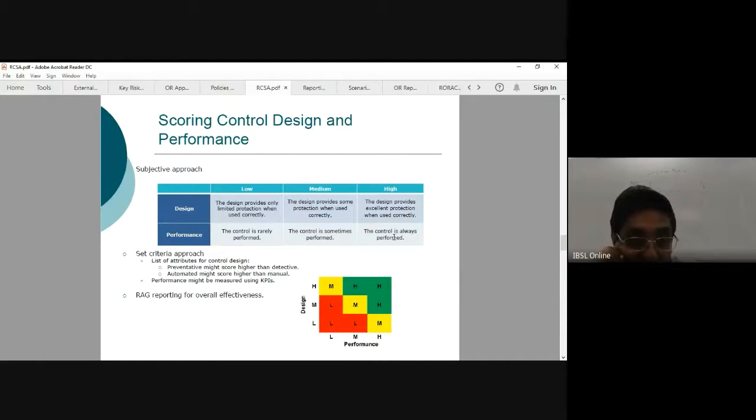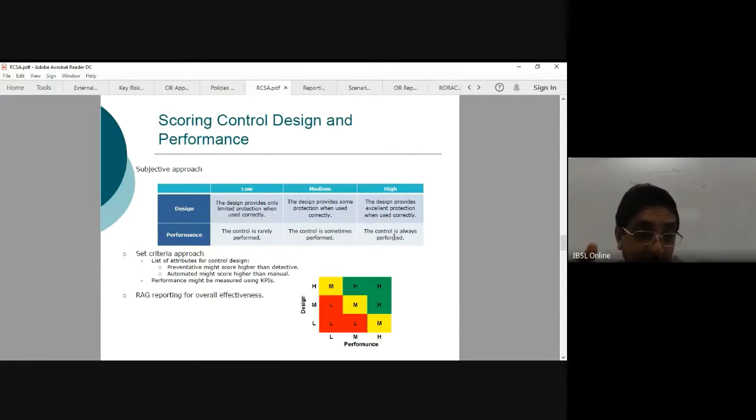Now, in order to get the control assessment, it is assessed on the basis of design and performance. What do you mean by that? A control has to be designed on a certain basis, and performance means how it is performed to control the risk.